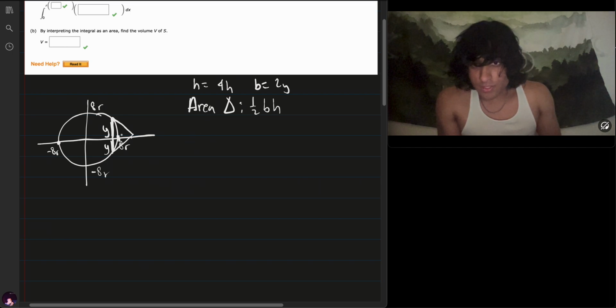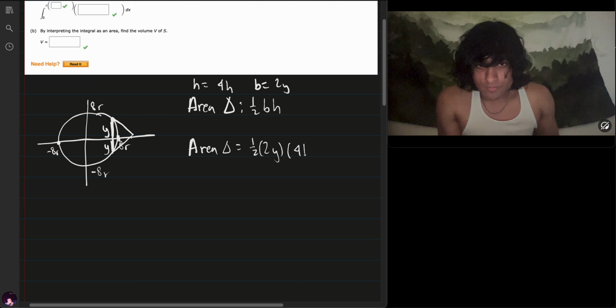So of this triangle, area of triangle equals 1/2 times 2y times 4h. And when you simplify that out, that will end up being 4hy, because 4h times 2y is 8hy. 8hy divided by 2 is 4hy. So that's how I came to that.